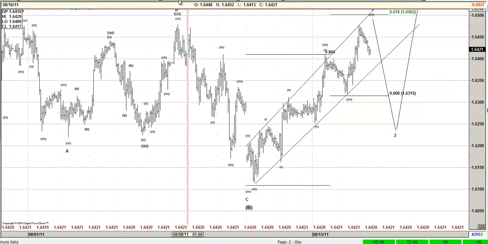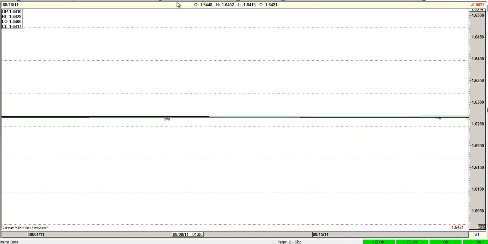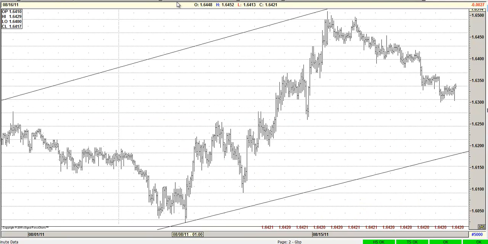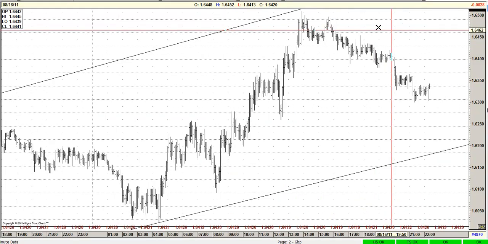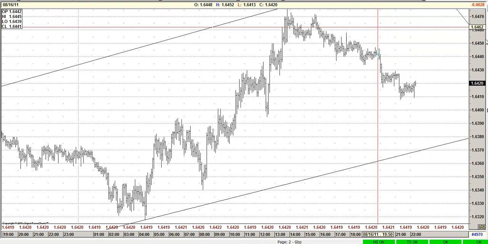Now, not only that, if you take a look at the 5-minute chart on the pound, what it's telling you so far is 3 waves down, but it looks impulsive.